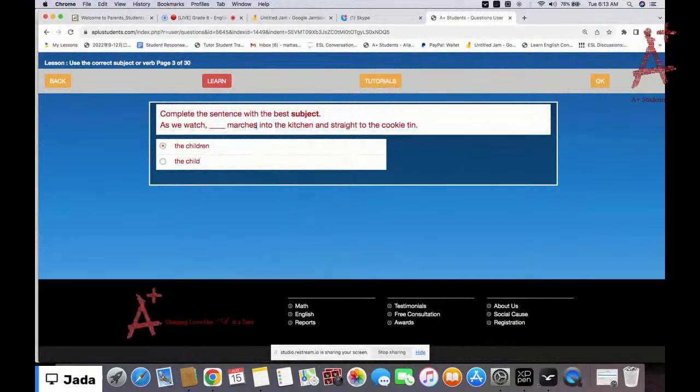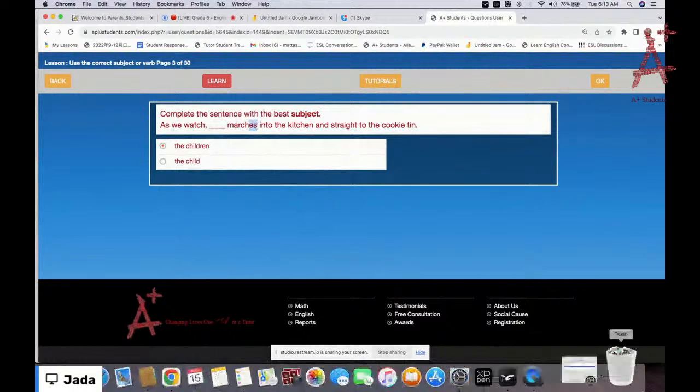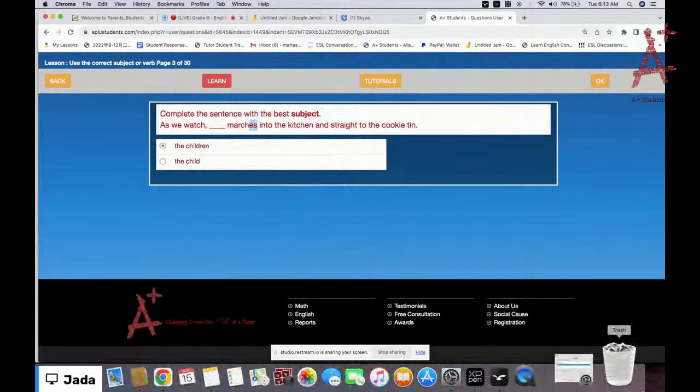Matches. When we look at matches here, it is the verb. Since the verb has es, it shows us that it is singular, because the singular verb will always have the es, but the plural verb will not.